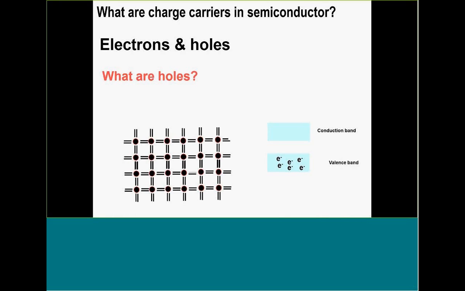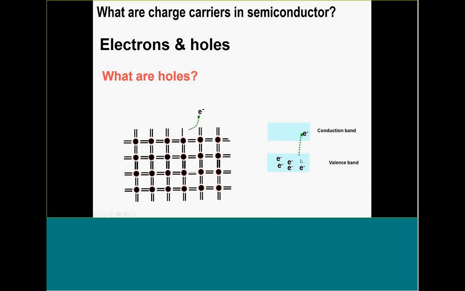So the minute there's an increase in temperature, there is a possibility of electron-hole pairs being created. The electron is able to jump from the valence band to the conduction band, or in terms of bonding, one electron here is being freed from the atom, from the lattice site.